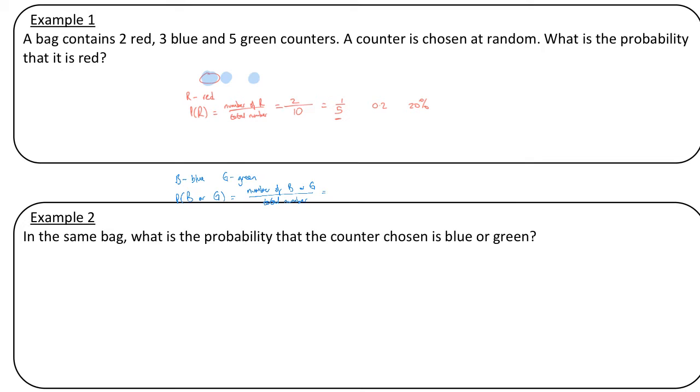There were 3 blue and 5 green, so the number of blue or green is 3 plus 5. And there were 10 to begin with, so it's out of 10. So that's 8 out of 10, which simplifies to 4 over 5. And again, you could express that as 0.8 or 80%.